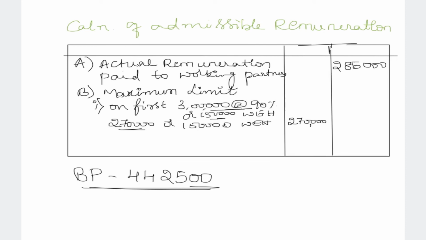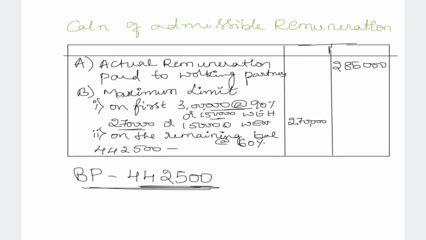Right? The second criteria is on the remaining balance, at the rate 60%. So our book profit is 4,42,500, out of which we have already considered 3 lakh rupees.